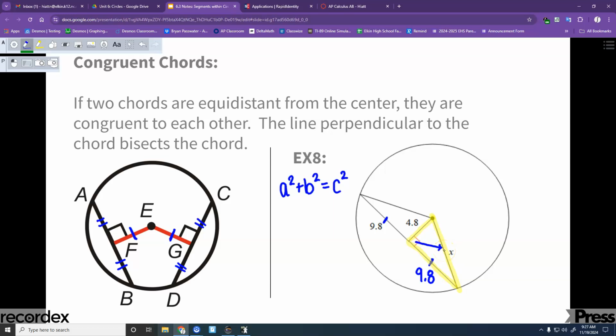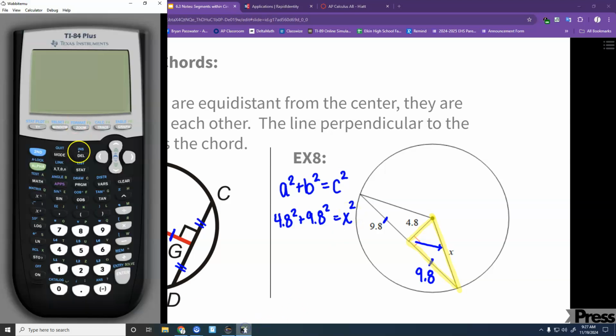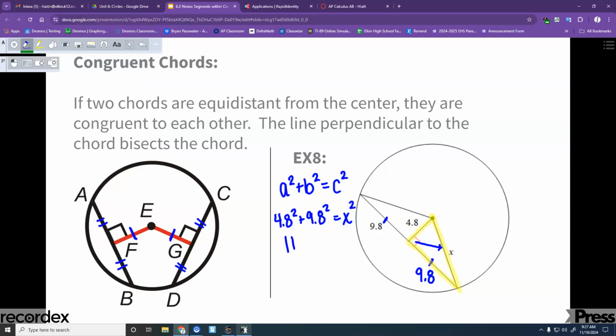So, in this case, it doesn't matter which one's 4.8 and 9.8. I'm going to do 4.8 squared plus 9.8 squared. Those I could switch, but my X squared has to be over here on the right-hand side. To solve that, I can type 4.8 squared plus 9.8 squared into the calculator. I get 119.08.